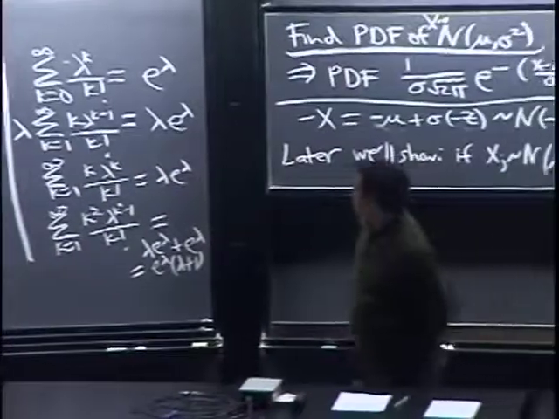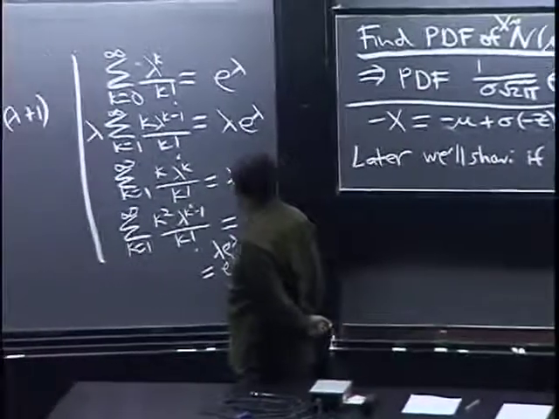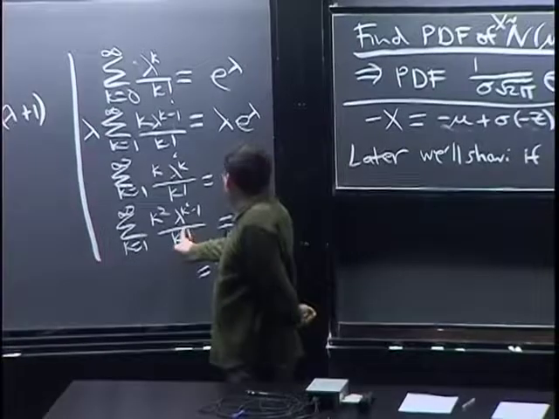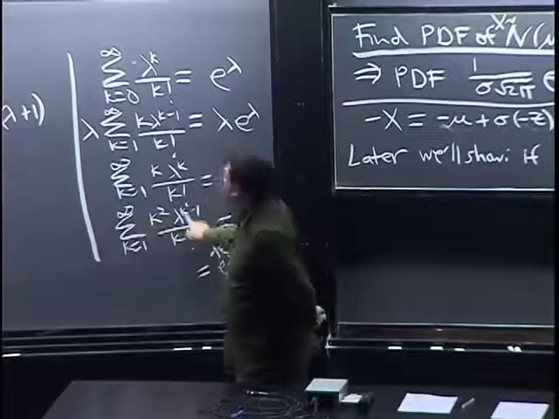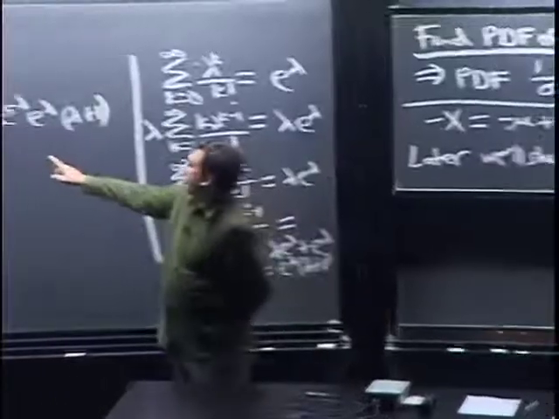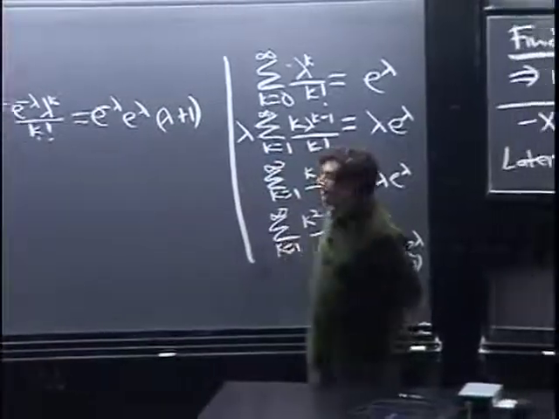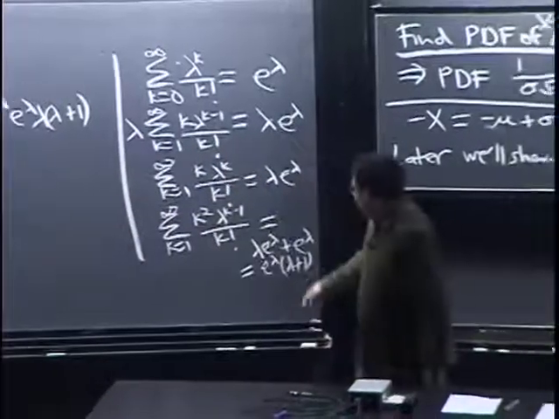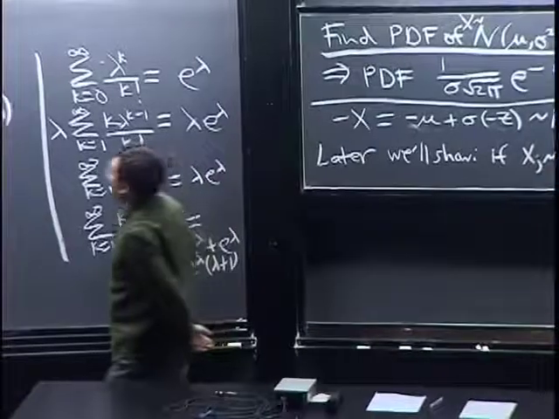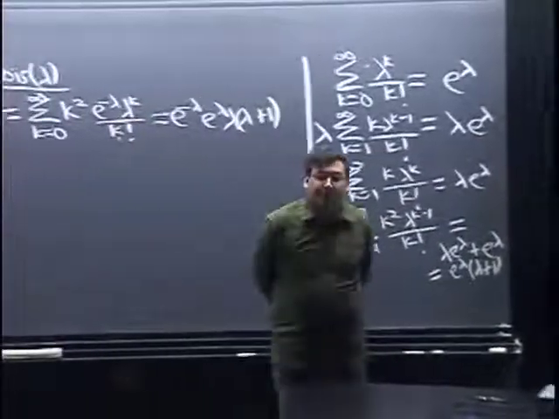And I'm missing some. Is there another lambda somewhere? Let's see. We have to replenish it again. Just put a lambda. Oh, okay, so here we have lambda to the k minus 1. There we wanted lambda to the k. So replenish again, then there's another lambda there. I'm just bringing this k minus 1 back to being lambda to the k, right?